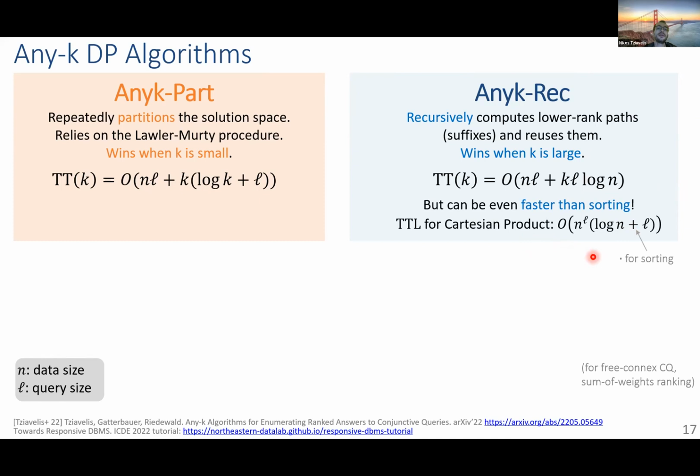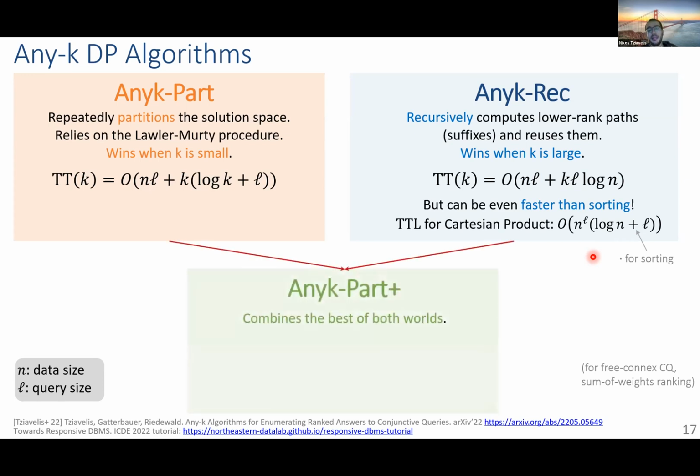And so there is now this difference between the 2 algorithms. One is better for small k, the other one is better for large k. And recently, we were able to come up with an algorithm that combines the best of both of them. Basically, it extends the Anyk-Part algorithm.